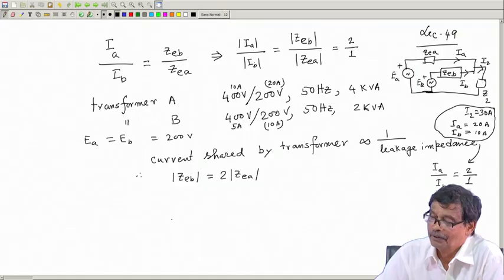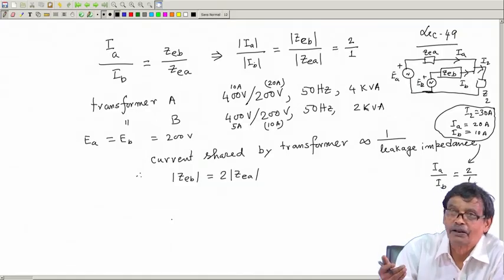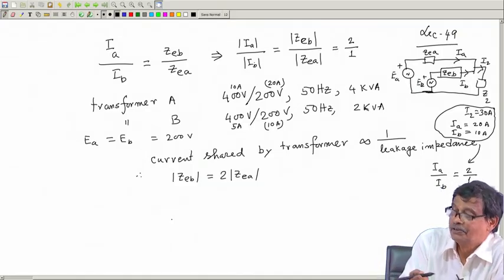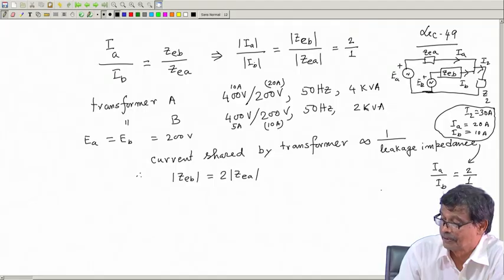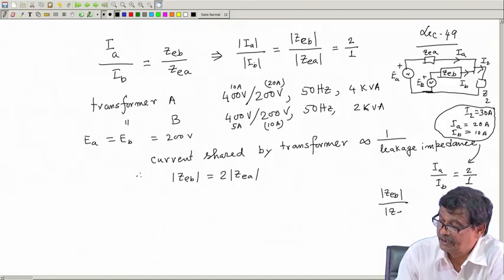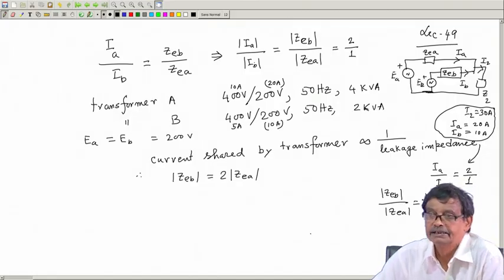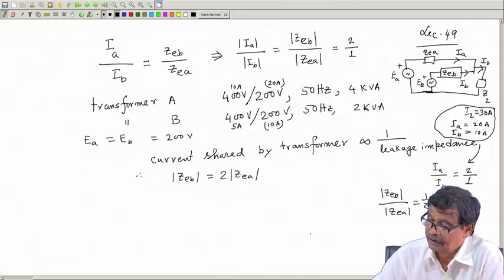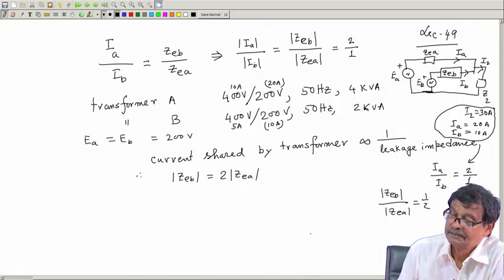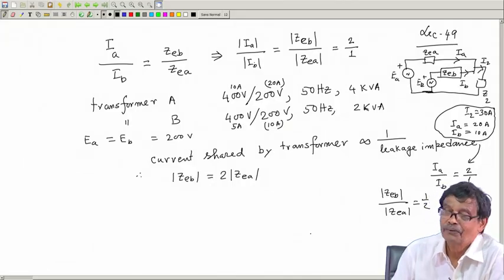If, for example, it is the other way around, suppose you have purchased two transformers and you find that ZeB by ZeA is equal to, suppose, half, just opposite. Leakage impedances are like this. Then what is the implication?